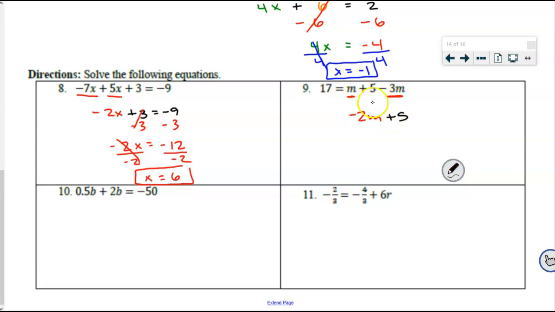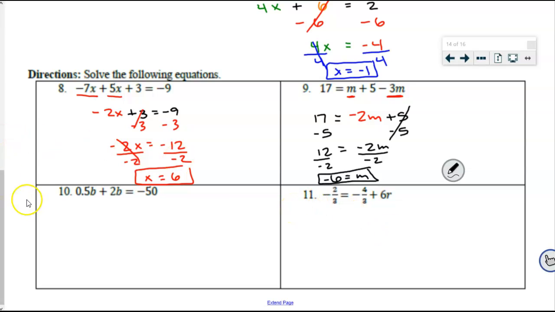And all of that is simplified, but it is equal to 17. Now we're ready to solve. So I begin by subtracting 5 from each side. 17 minus 5 is 12, which is equal to and balanced with the negative 2m. Divide each side by a negative 2. And we have negative 6 is equal to m.